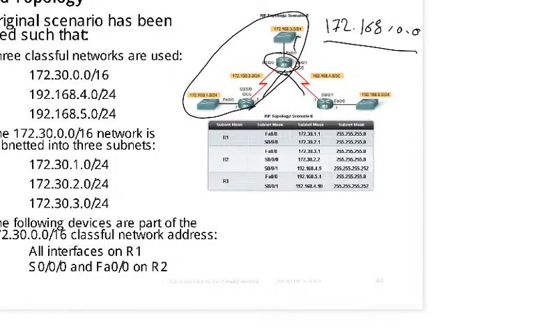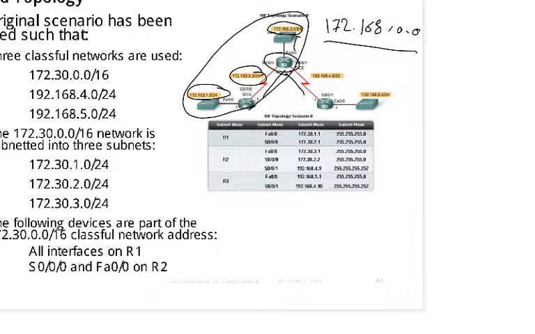Because these addresses use a subnet which is not by default classful, right? /24 indicates class C, but 172 is in class B. So in general, this IP address is classless, right?